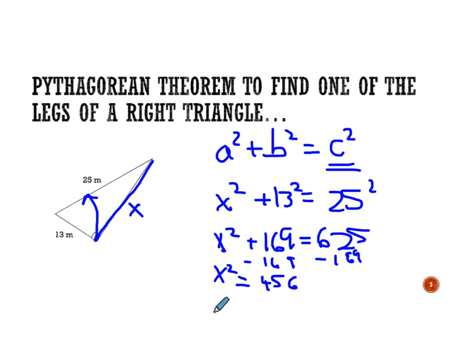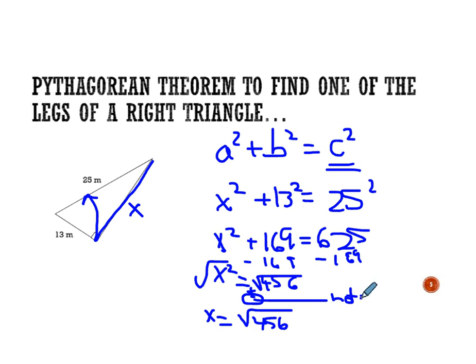And to get rid of my square, again, I'm going to square root on both sides. And don't forget your plus or minus. Again, the minus will not be used because the side cannot be a negative value. So we're going to eliminate the negative. Not possible.